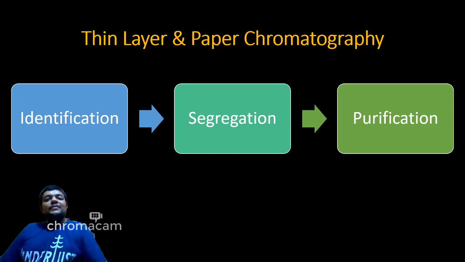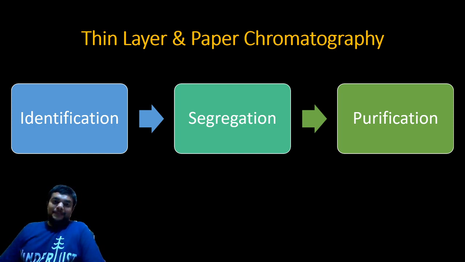Friends, whenever we are on the verge of discussing thin layer and paper chromatography, the very first thing we should know is that they fall under the category of planar chromatography. Now the first question is: how do they fall under planar chromatography?